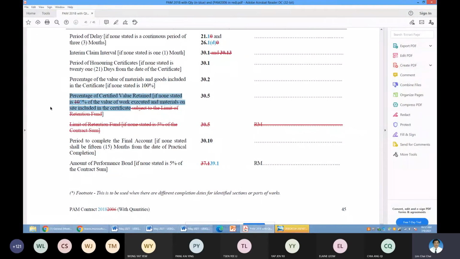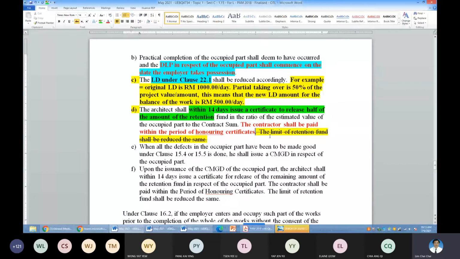No more. Please remember, your PAM 2018 is different from your PAM 2006 under this retention computation. Repeat, the retention sum for PAM 2018 is 5% flat throughout, and 10% of the work done up to 5% of the contract sum is no more applicable.